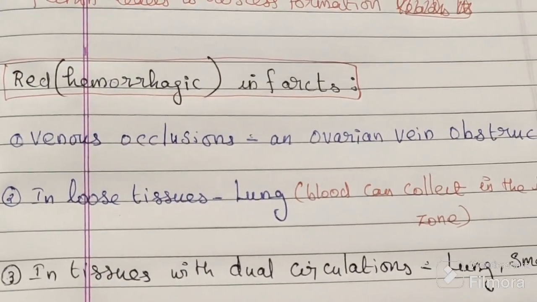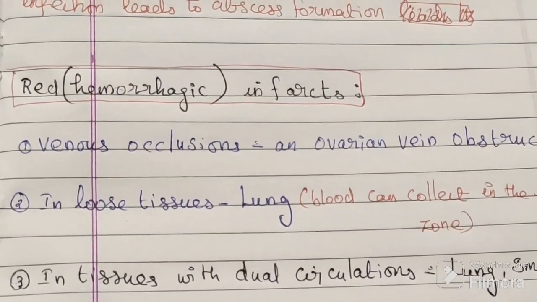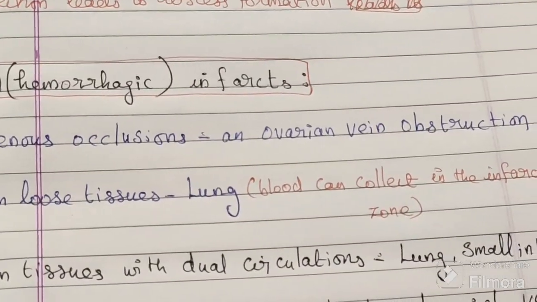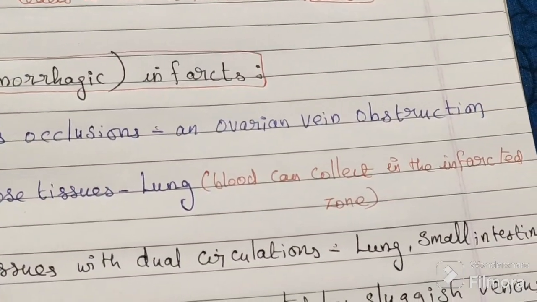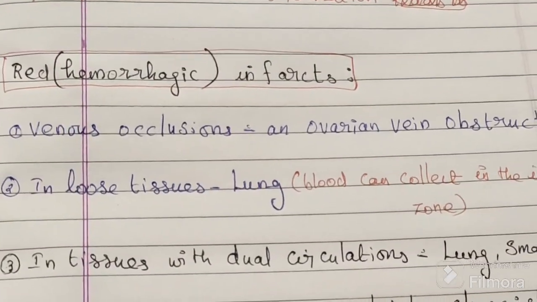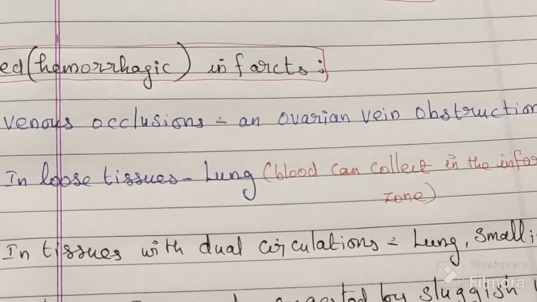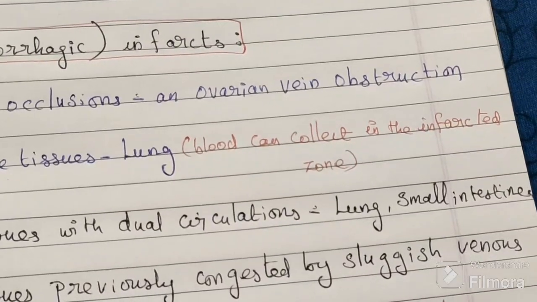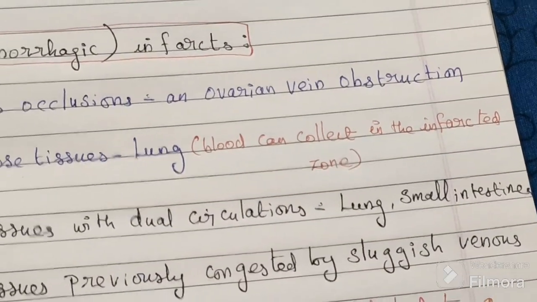Red infarcts occur in the following settings, such as venous occlusions, for example an ovarian vein obstruction. Second, in loose tissue such as the lungs, where blood can collect in the infarcted zone.